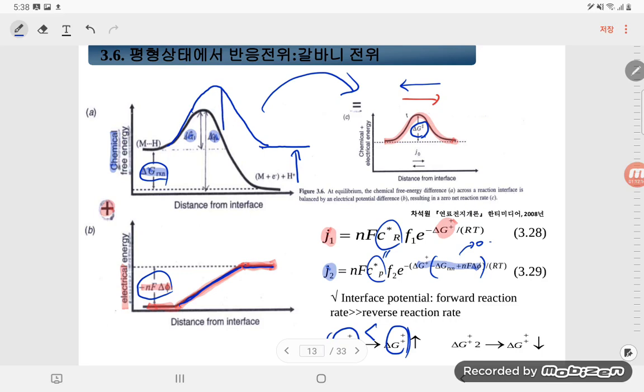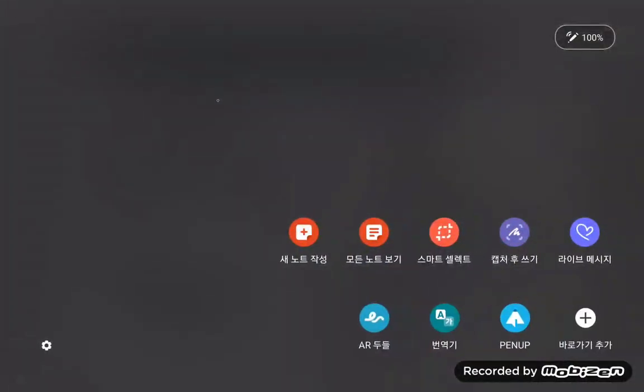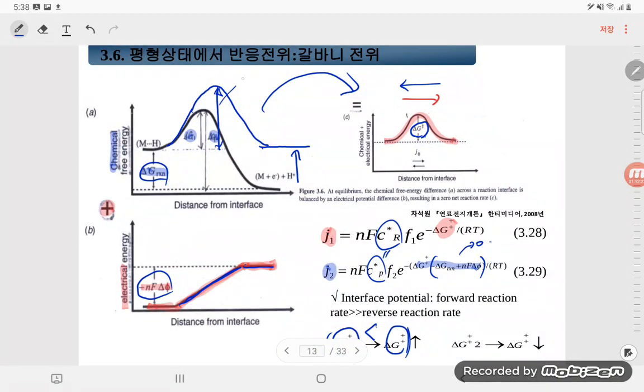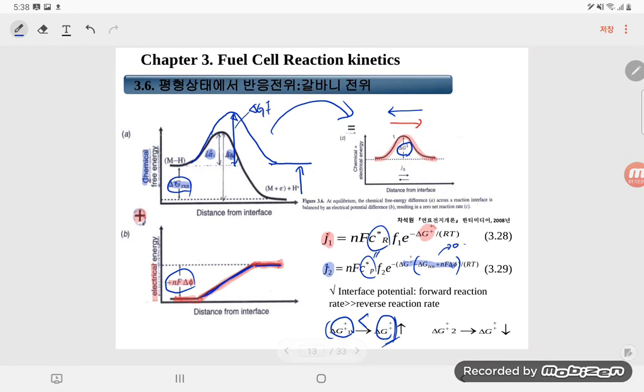Then delta G, this is delta G. If we compare this to delta G1, this is higher than the original one. And how about delta G2?